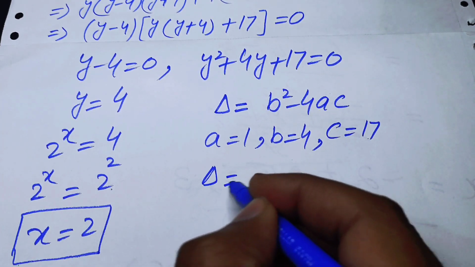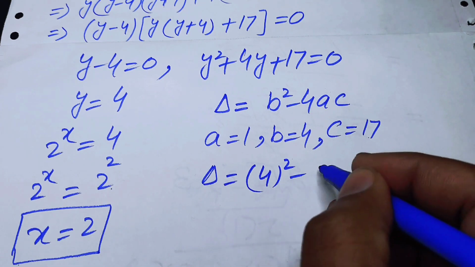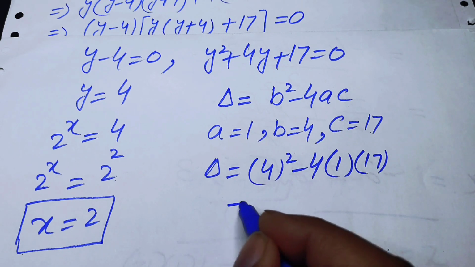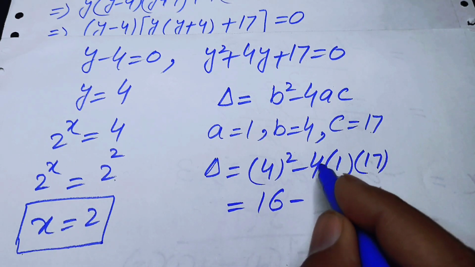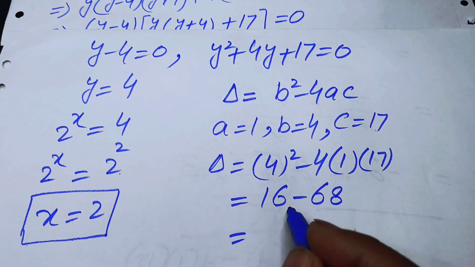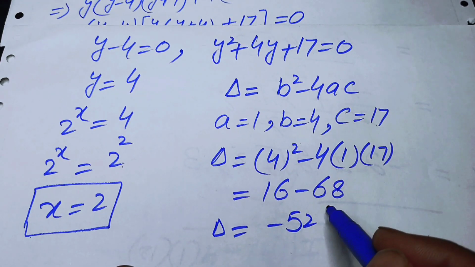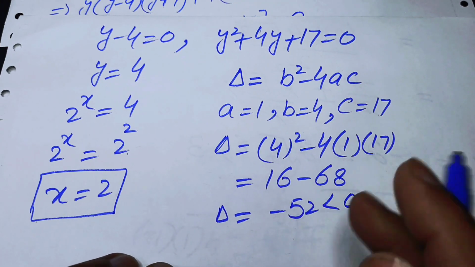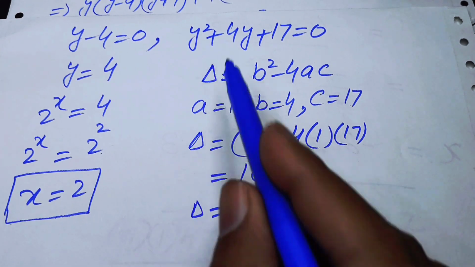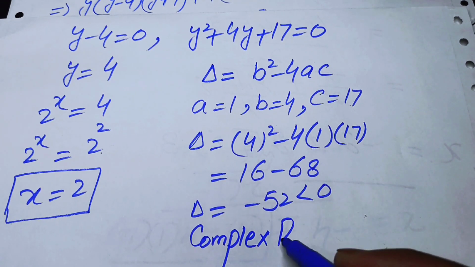Now delta becomes 4 squared minus 4 times 1 times 17, and here you get 16 minus 68, since 4 times 17 is 68, which becomes minus 52. So our delta is less than 0, and so we can say that the roots of this quadratic equation are complex roots.